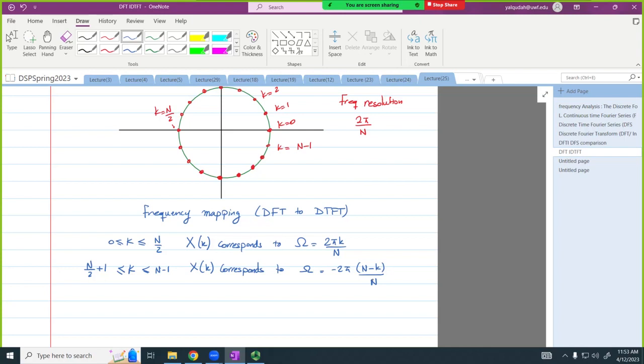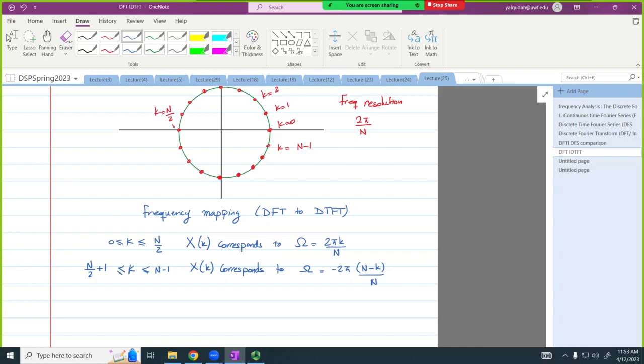What does that mean? So when I am at this point, it corresponds to what omega? To omega equal to 0. When I am at this point, k is equal to 1, this corresponds to omega equal to 2 pi divided by N. Make sense?